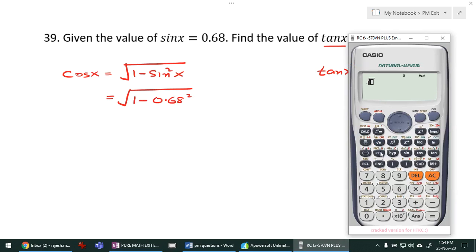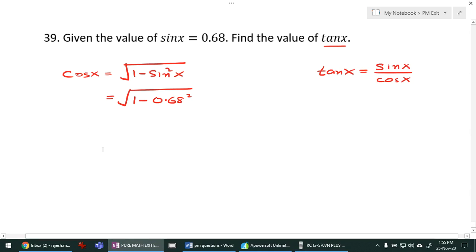Square root of bracket 1 minus 0.68 square, close bracket. The answer is 0.733. So cos x is 0.733. So now what is tan x? Tan x equals sin x by cos x. Sin x is 0.68 divided by 0.733.